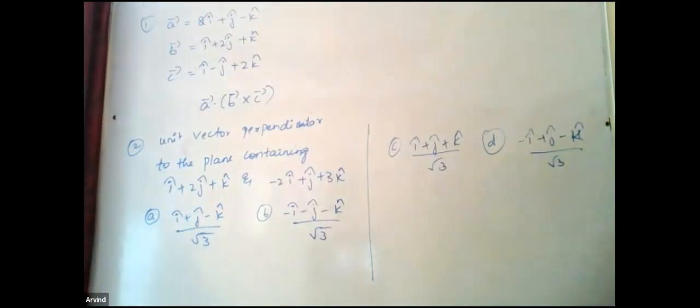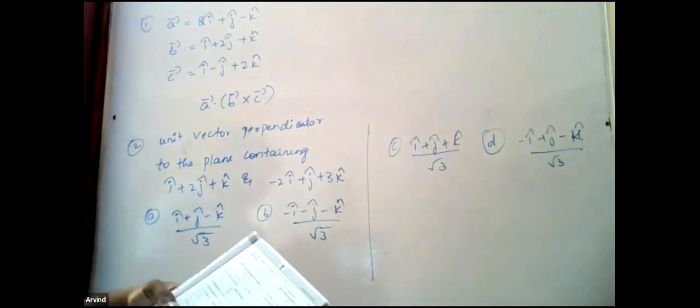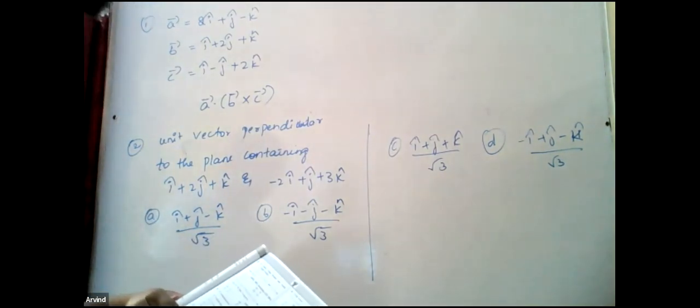Six i, once again. You got it. The options are 6, 12, 10, 24. It is simply the determinant.